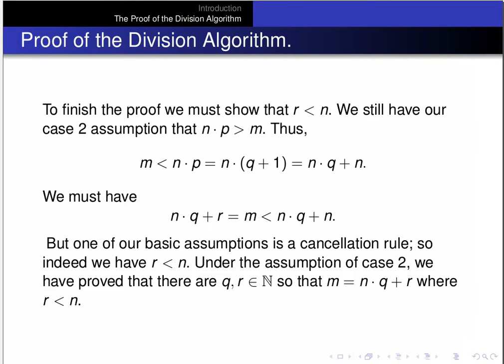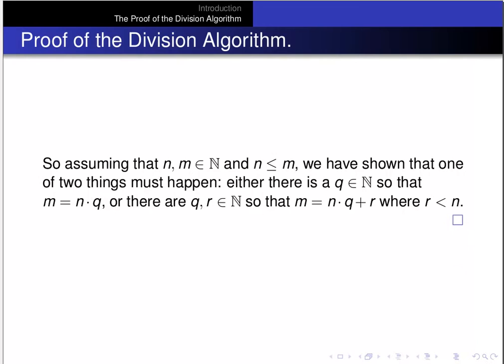So under the assumption of case 2, we've just proved that there are natural numbers q and r so that m is equal to n times q plus r, and r, the remainder, is strictly smaller than the divisor n. So if we start with our assumption that, given natural numbers n and m with n less than or equal to m, we've shown that one of two things must happen.